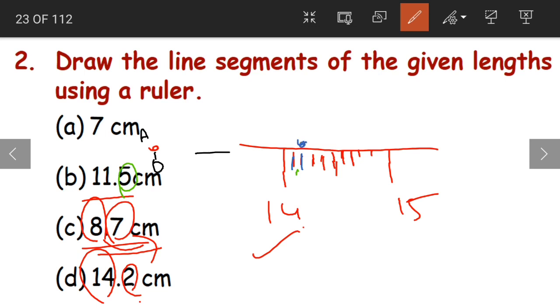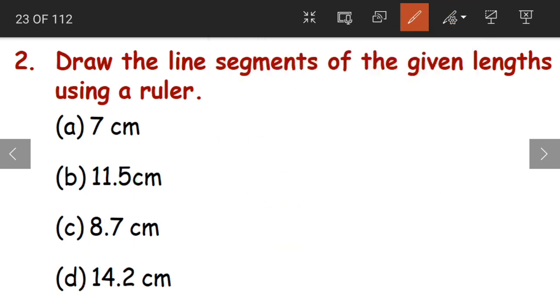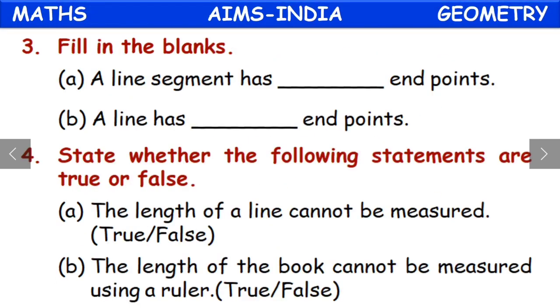So here we'll mark our other end point, that is B. Now this is our 14.2 centimeter mark. Now after marking, join both the end points, then we have our required line segment AB with the length 14.2 centimeters. I hope this is clear children. Both measuring the length of a line segment and also drawing a line segment of given length.